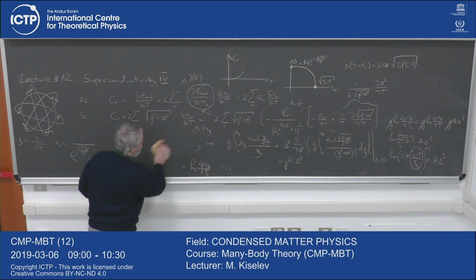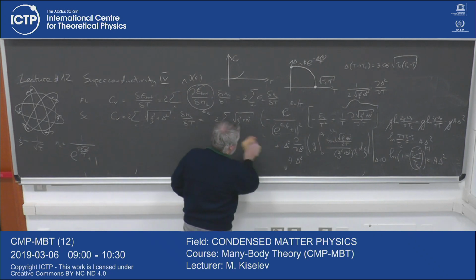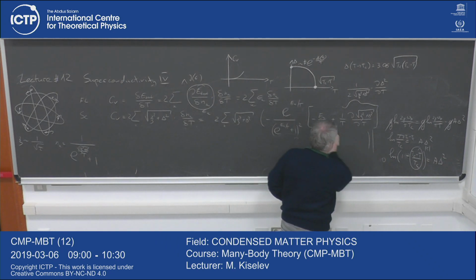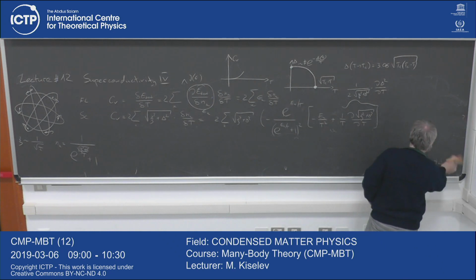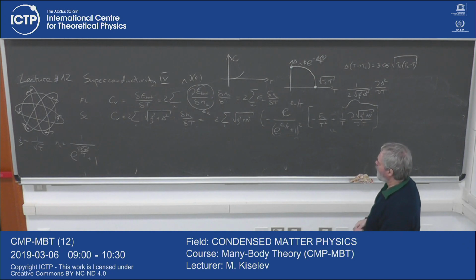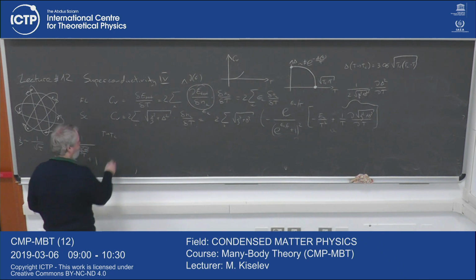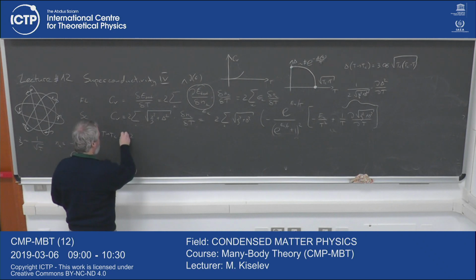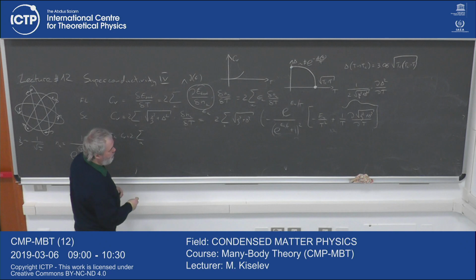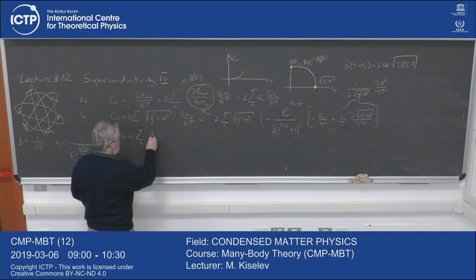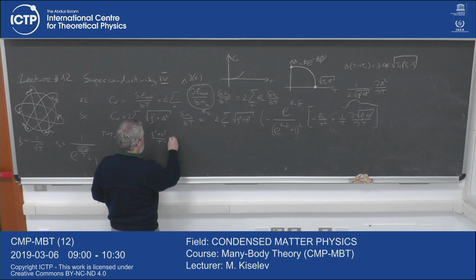Okay, so now we again have two terms. We have two terms as temperature goes to Tc. This is 2 Cv, equal to 2 times the sum over K of the very same psi square plus delta square over temperature square, e to the power Ek over temperature, over e to the power Ek over temperature plus 1 square.